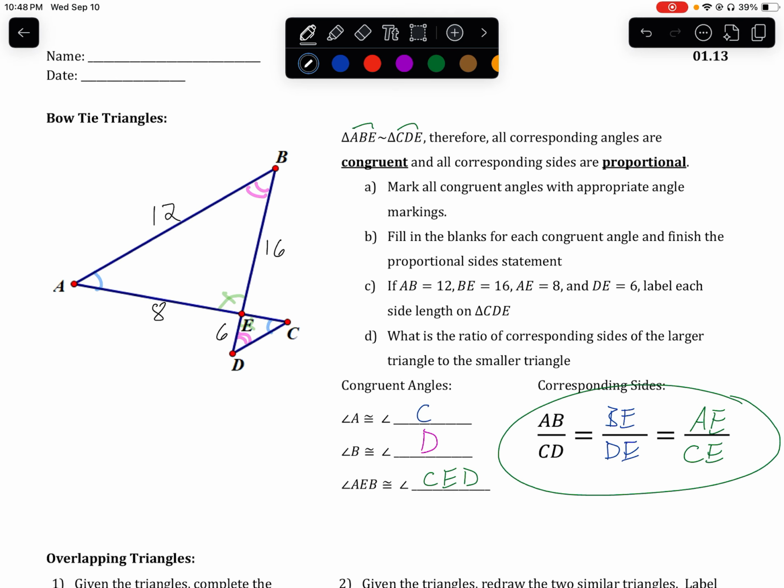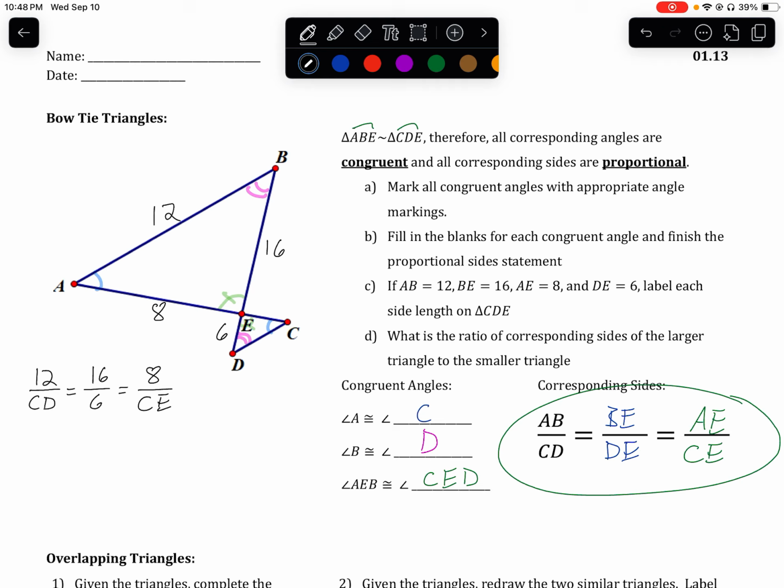So I'm going to plug in the numbers that I have there. I've got AB is 12. I don't know CD. I do know BE is 16. And then DE is 6. And I know AE is 8, but I don't know CE.